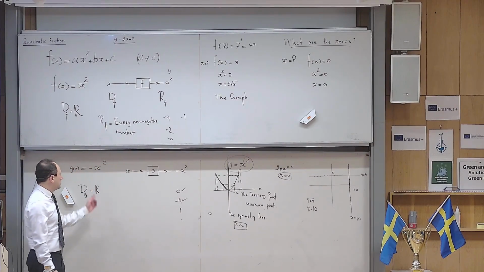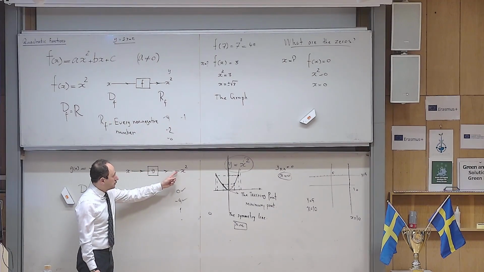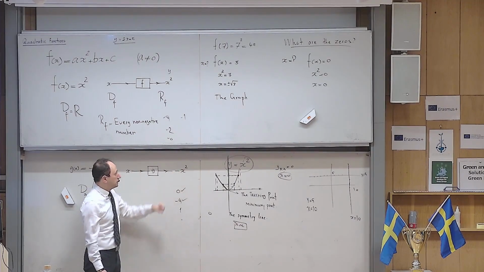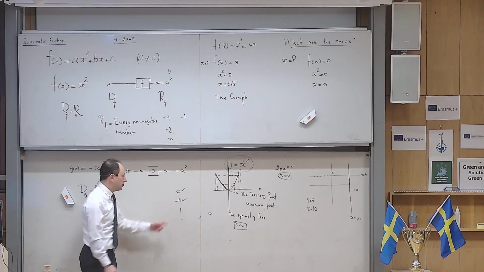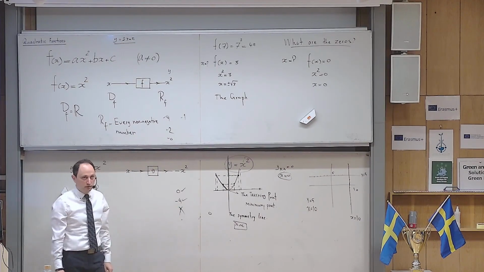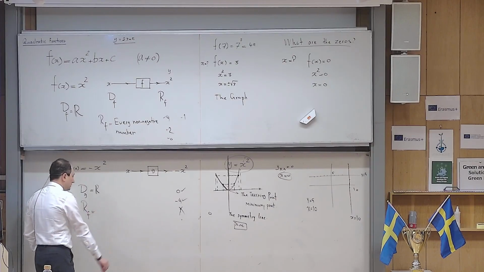No. Because when I send something in, it squares that and multiplies it by the minus sign. It becomes always negative because x squared is non-negative. When you multiply it by a minus sign, it becomes negative. So 1 is not an output. Okay, so if I ask you your feeling about the range, what is that?